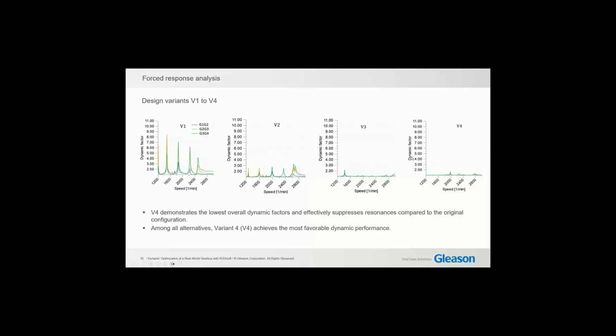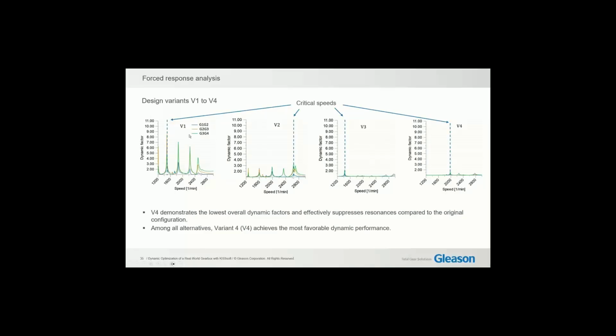Since the dynamic factor characterizes the machine dynamic force, we can expect that design variant V3 or V4 would give less noise compared to the other variants, for example, V1 or V2.